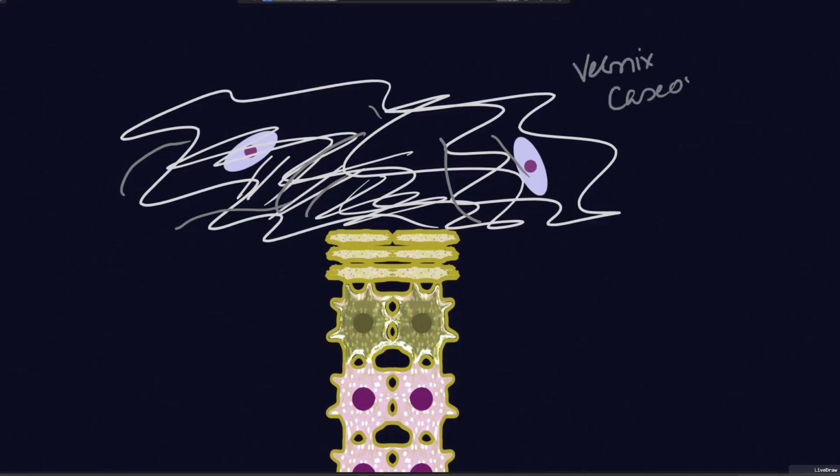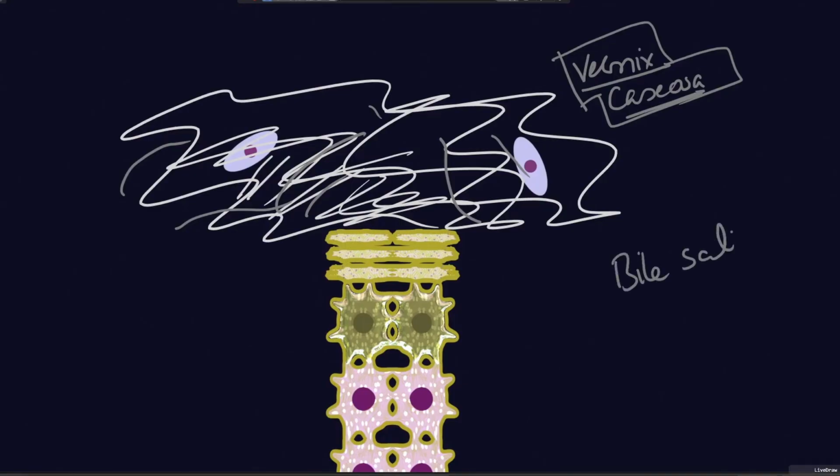One of the most important functions of vernix caseosa is that the embryo is floating inside the amniotic fluid, and amniotic fluid is rich in some harmful substances, for example bile salts and urea.